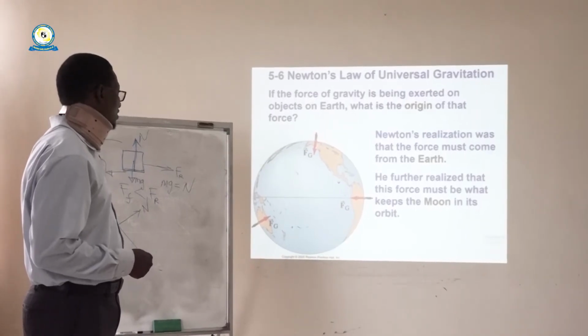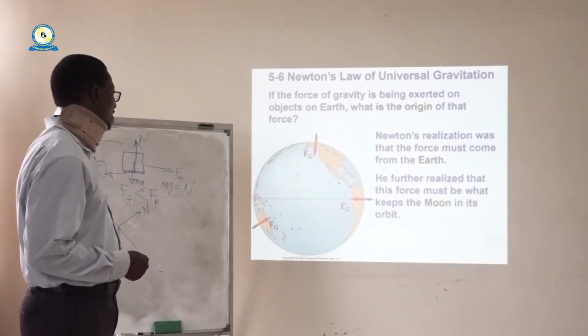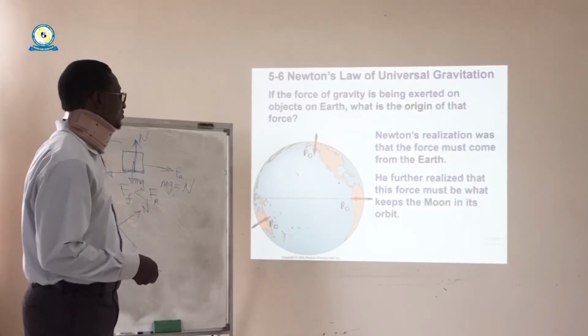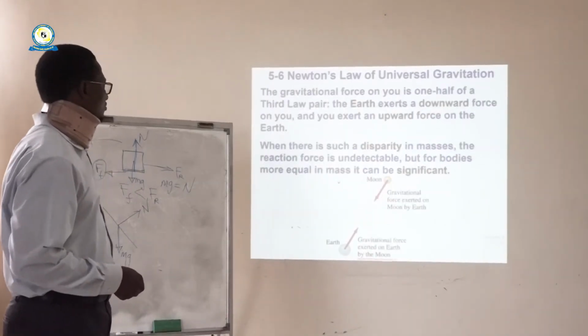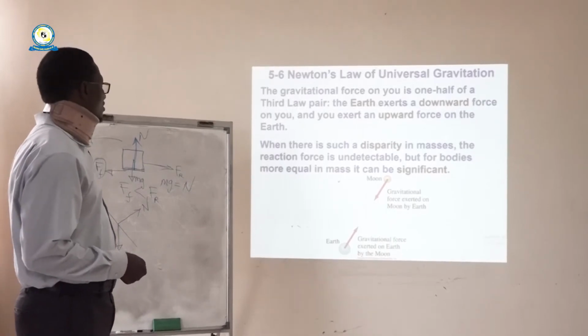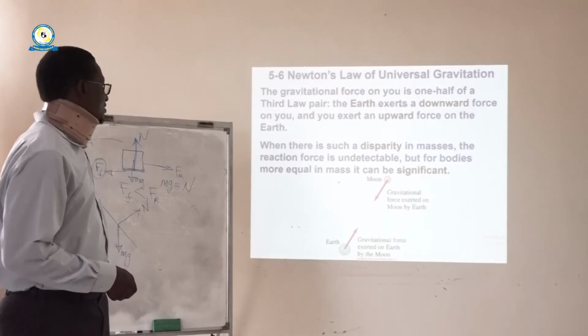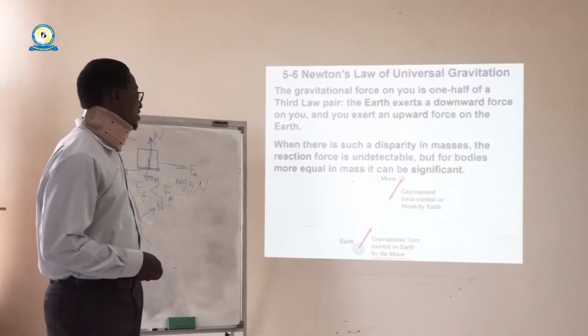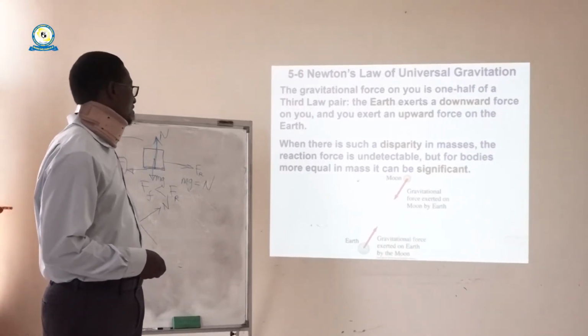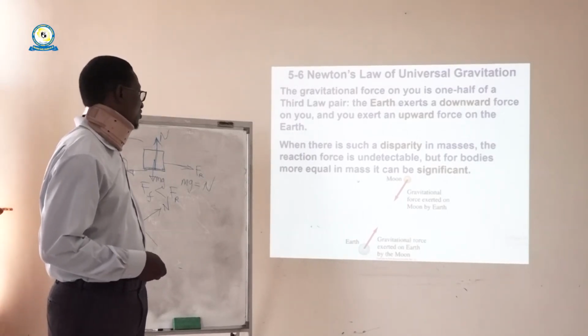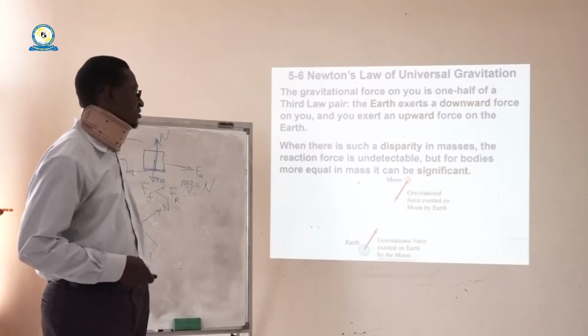This is me toward the earth, and earth toward me. When there is such a disparity in masses, the reaction force is undetectable, but for bodies more equal in mass, it can be sufficient.